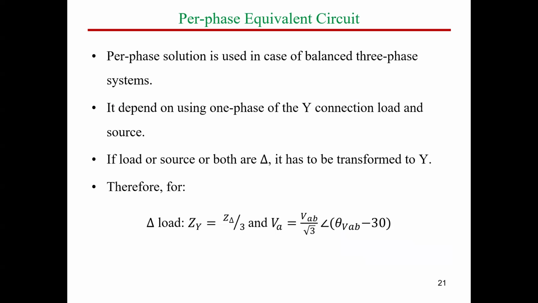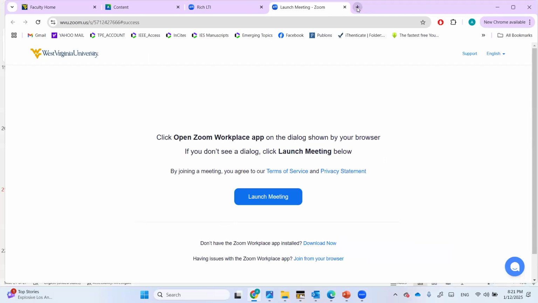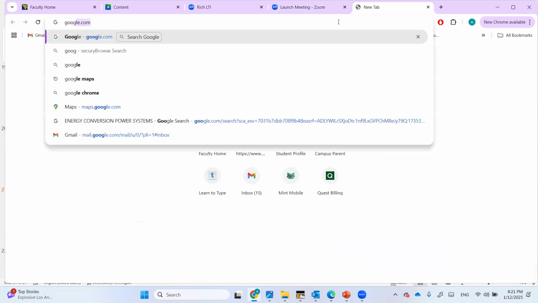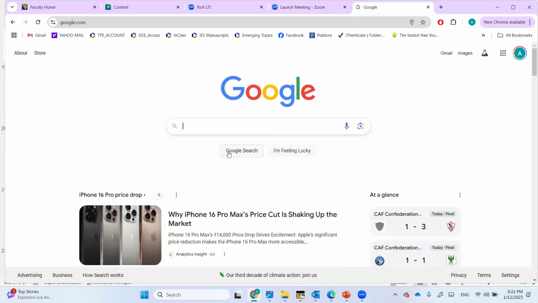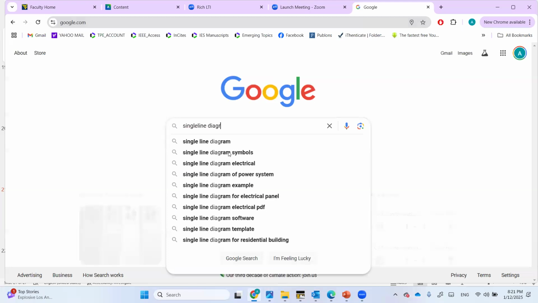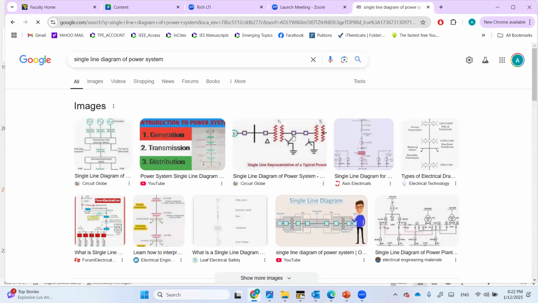Okay, I can show you some examples. Let me just grab it with you now from Google. Single line diagram of any power system.